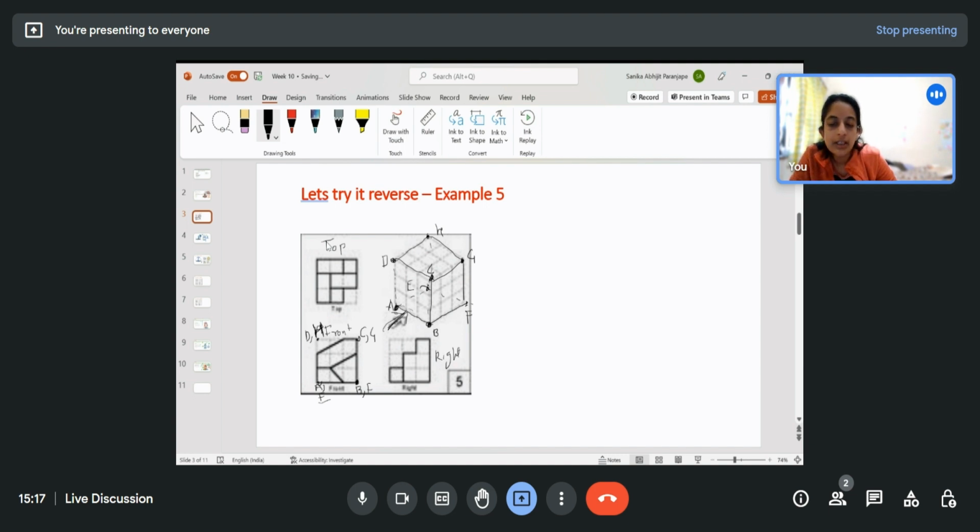So let us mark these points also in the top view. So in top view, that is I'm going to see it from here.